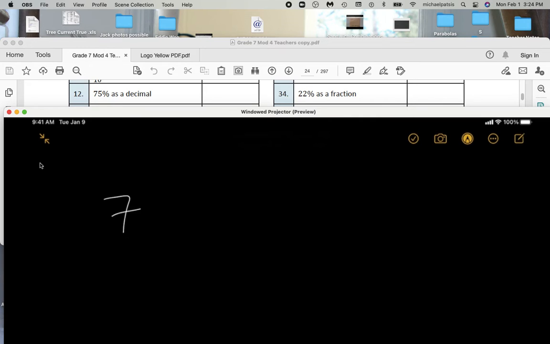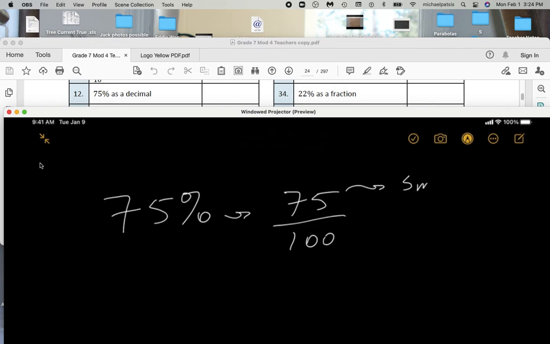Okay, you start with 75%, and you again convert it, 75 over 100. Now, you are dividing by 100 here. Therefore, when you are dividing, this number up top is going to get smaller. Whenever you multiply by 100, you get bigger.